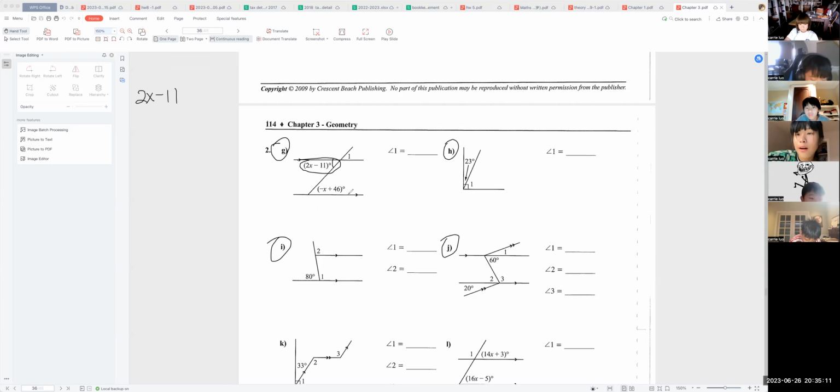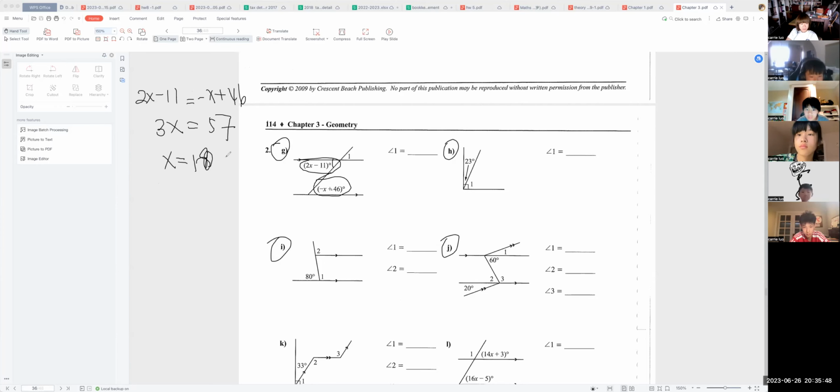Are these two the same? These two angles, right? So 2x minus 11 equals negative x plus 46, right? So 57 equals 3x, so x equals 19.